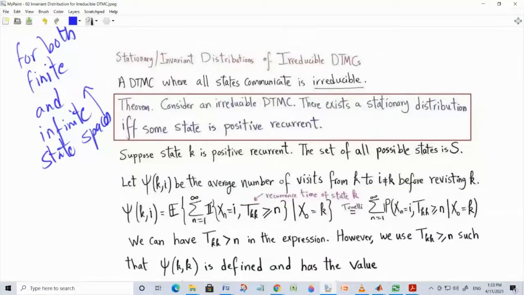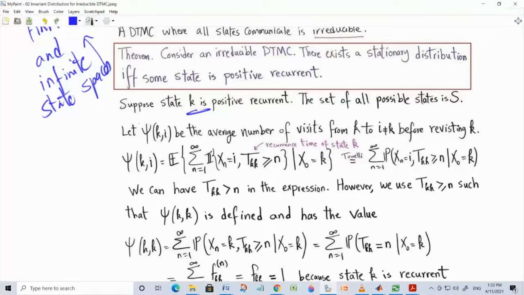The state that is positive recurrent, let's call it K. First we will assume that there is a positive recurrent state, and we will prove that there exists a stationary distribution. Actually, we will construct this distribution.